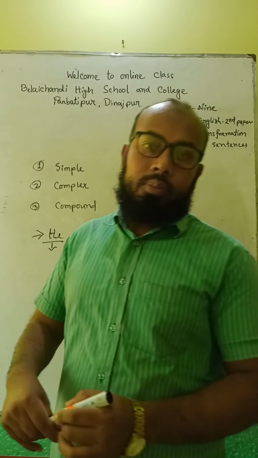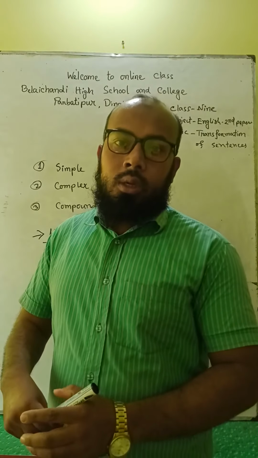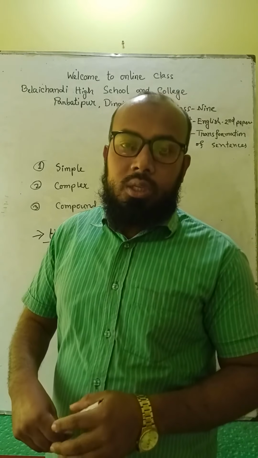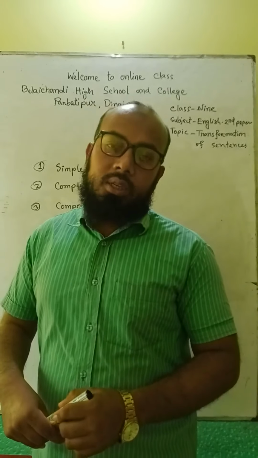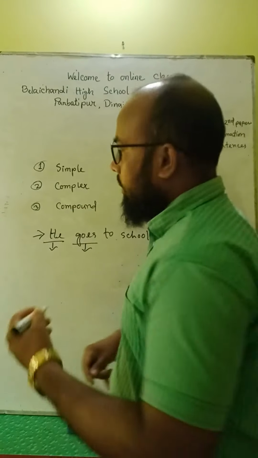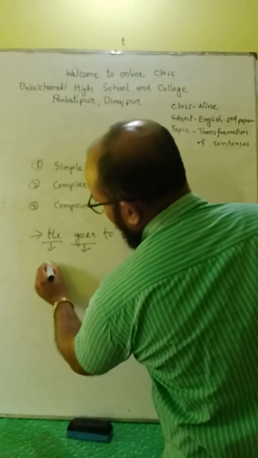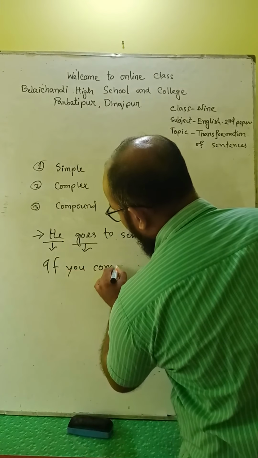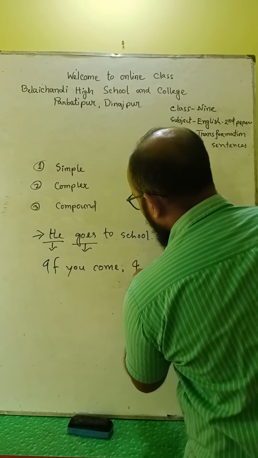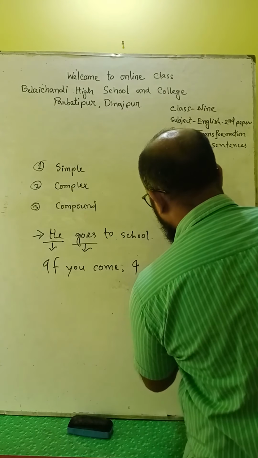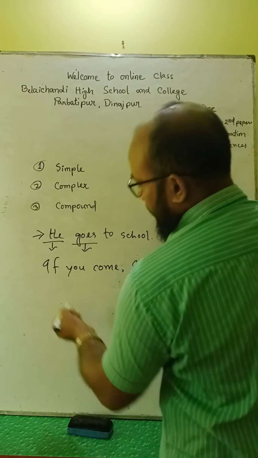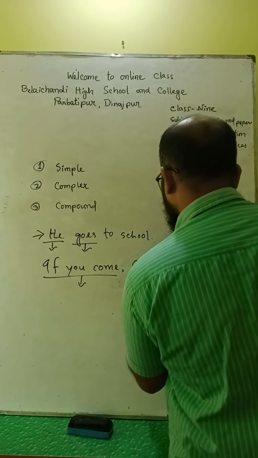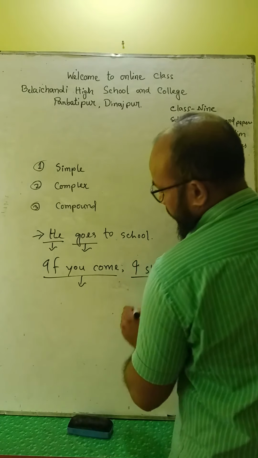Now, complex. When there is a subordinate clause and there is a principal clause in a sentence, it is called complex sentence. Look at the example to make it clear. If you come, I shall go. Here this part is subordinate clause and this part is principal clause.